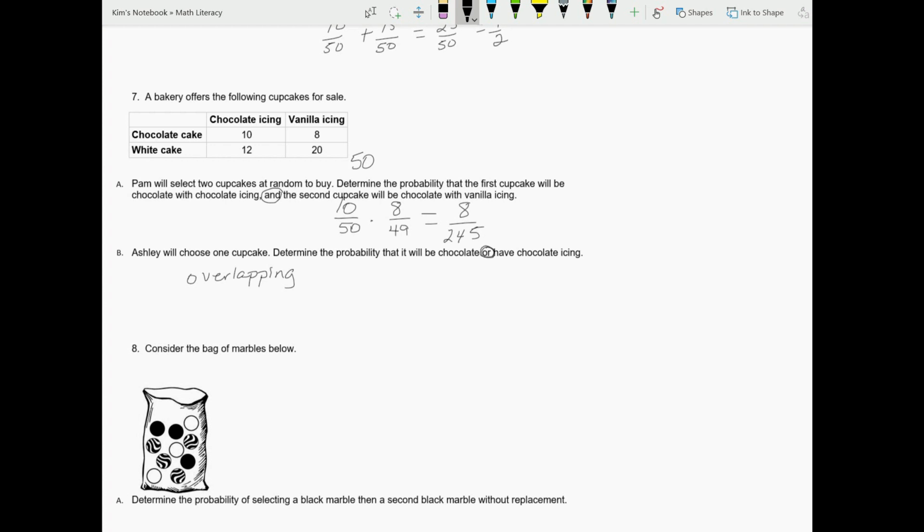The probability that it is chocolate, plus the probability that it has chocolate icing, minus the overlap, the probability that it is chocolate with chocolate icing.